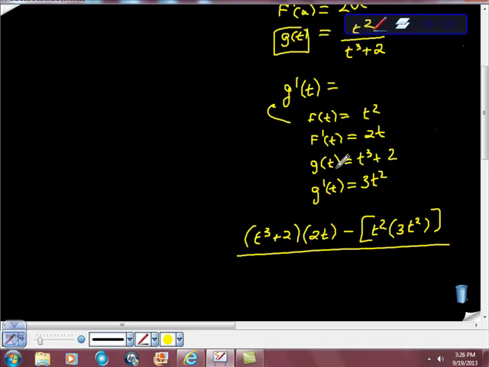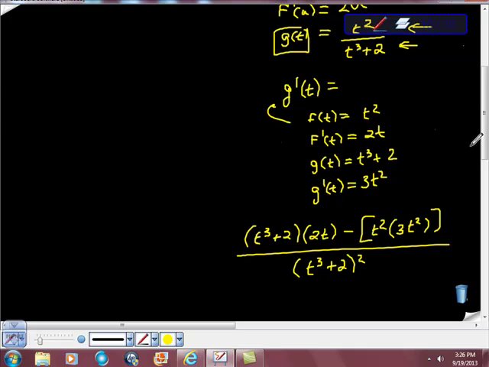So the bottom function was g of t. So I'm going to take that and say, okay, I have t cubed plus 2. A note of warning here: don't mess with this stuff at the bottom unless there's some great reason that you think you're going to get something special out of it.